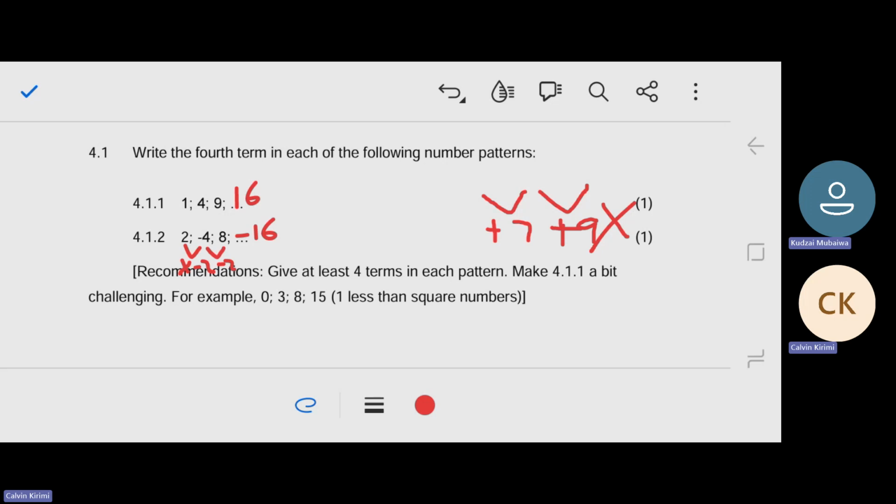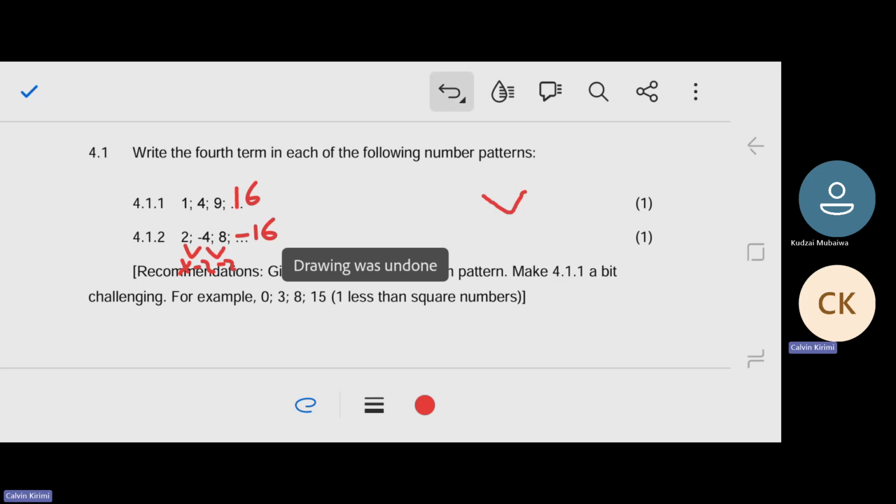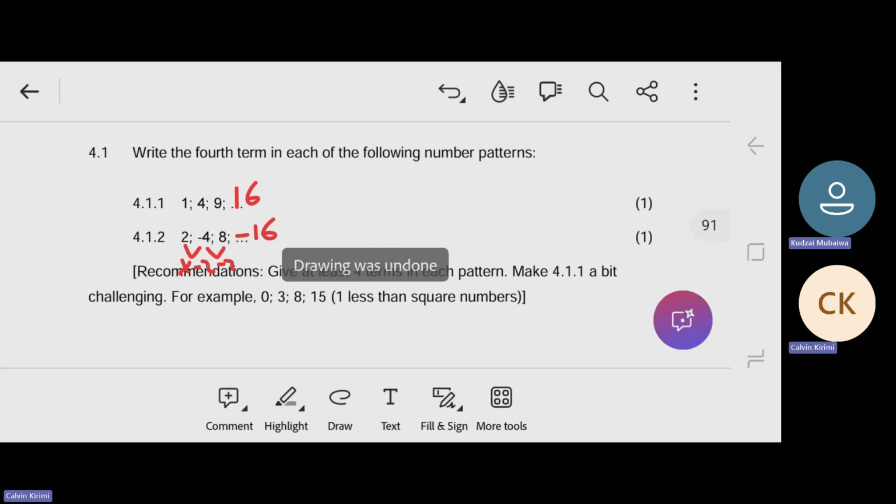It can only work if it's plus 7 plus what? Plus 7. Then you know they're adding 7. Otherwise, for 3 numbers, it's always multiplying, or squaring. Yes, sir.